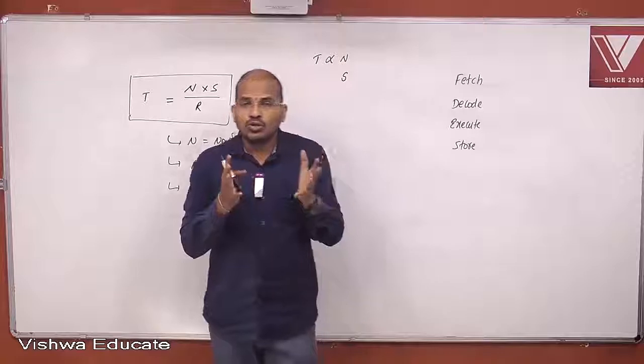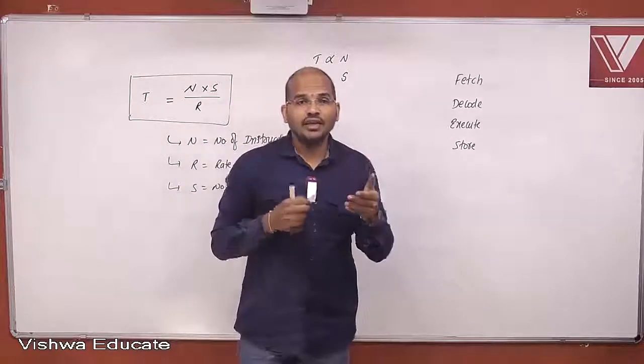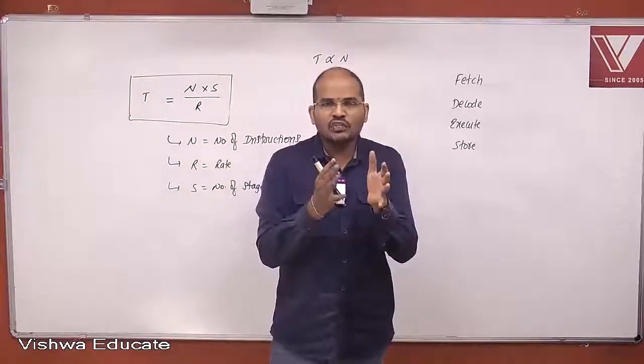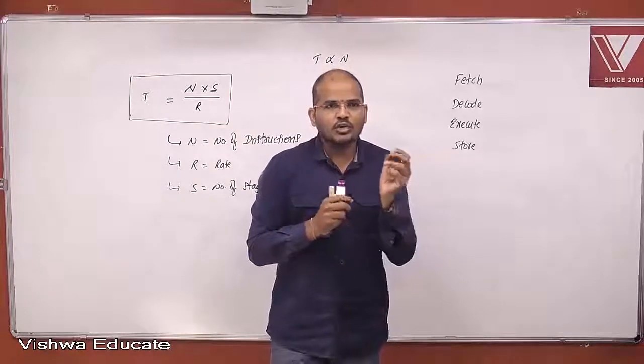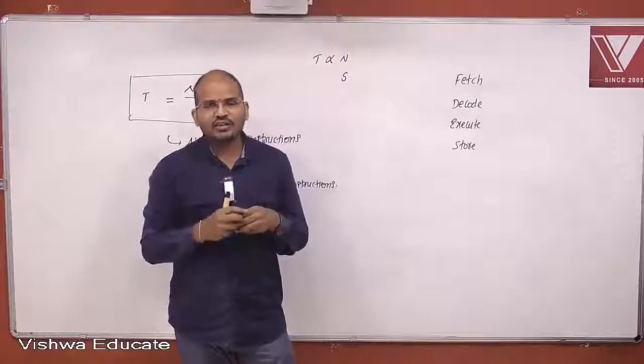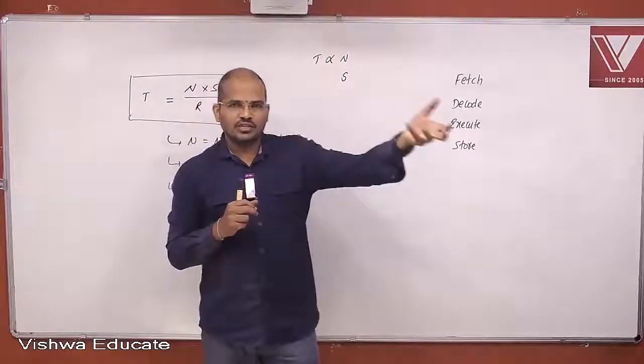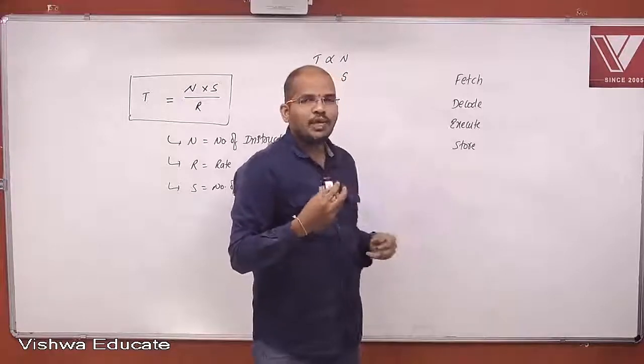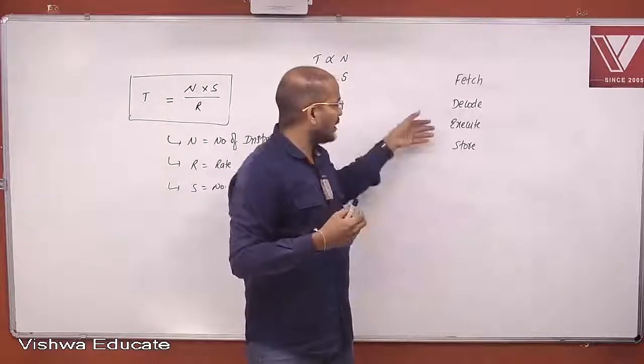We speak about two cycles, the fetch cycle and the execution cycle, and these two put together we call the instruction cycle. The fetch cycle is where you fetch the instruction and decode it, and the time taken to execute and store is called the execution cycle.